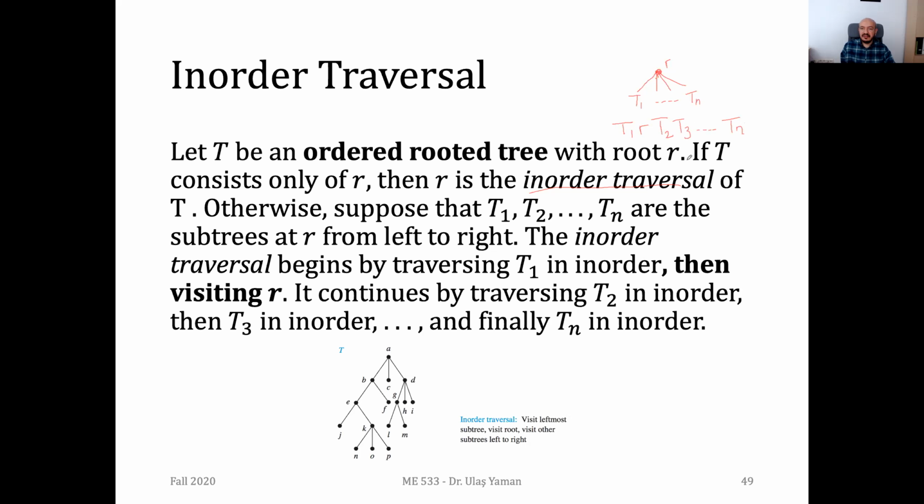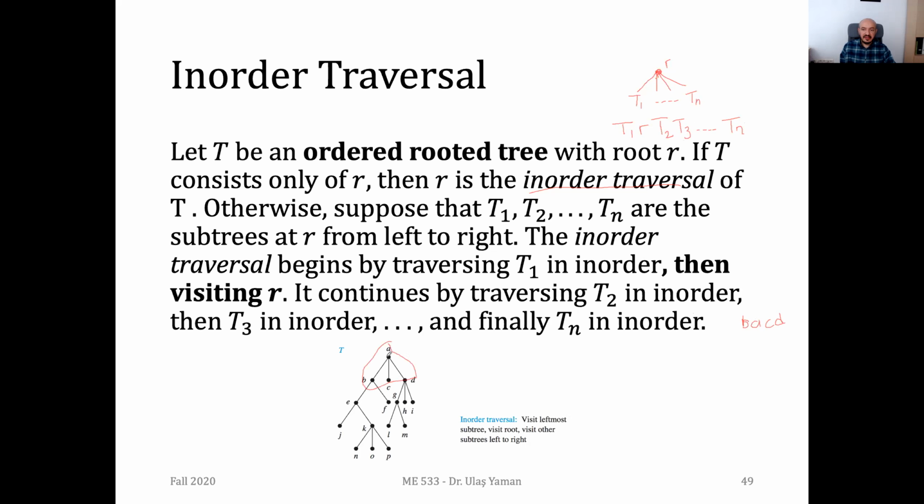So that will be the in-order traversal of this simplified tree. And if you look at our example, it should be B, A, and C, D, if you just consider this part.